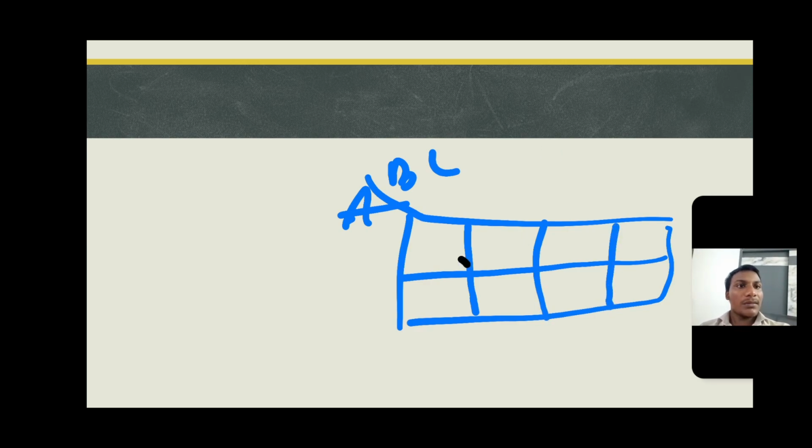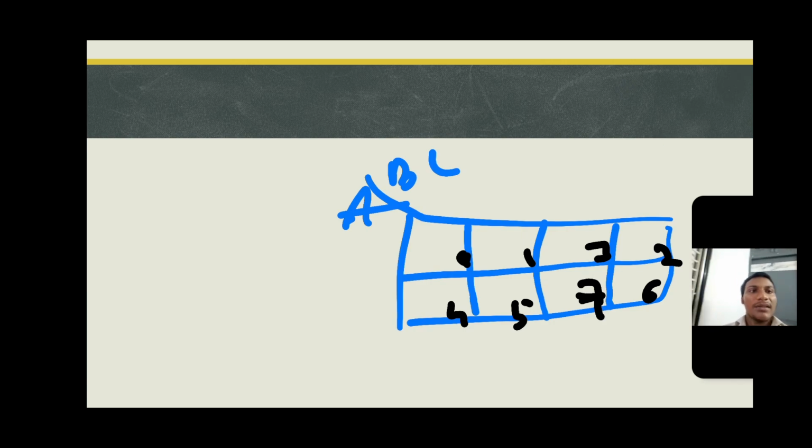This is 0, 1, 2, this is 3. This is the process to write K-maps. Then 4, 5, and we skip a number and write 6 here, and again we come back and here we write 7.